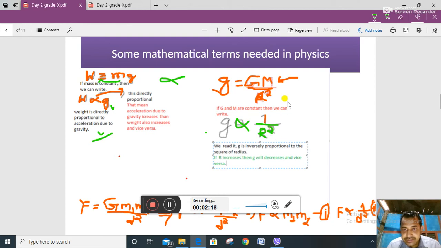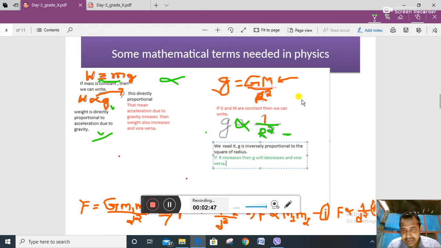Since G is a constant value, 6.67 times 10 to the power minus 11, and the mass of the earth is also a constant, we get g is inversely proportional to r square. Why do we say inversely proportional? Because r square is in the denominator, whereas in the previous case g was in the numerator and we said directly proportional.